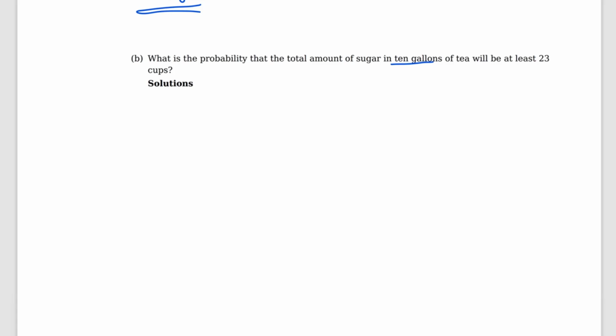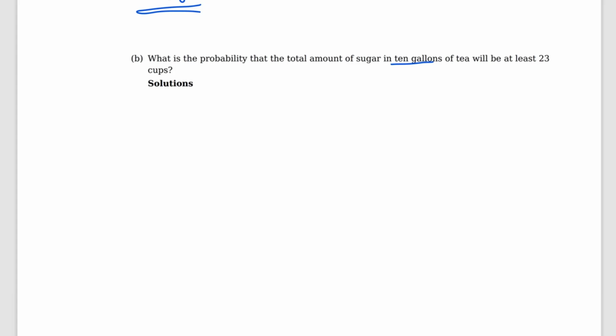Okay, now they are asking 10 gallons of tea. It means not just one gallon. If they are asking 10 gallons, then that means we need the average.